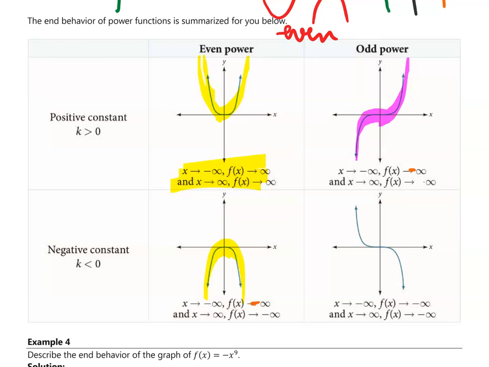The other one, for odd power, when k is less than 0, as x approaches negative infinity, the graph goes up, so that should be positive. There's an error here. Then as x approaches infinity, yes, that is approaching negative infinity, goes down.